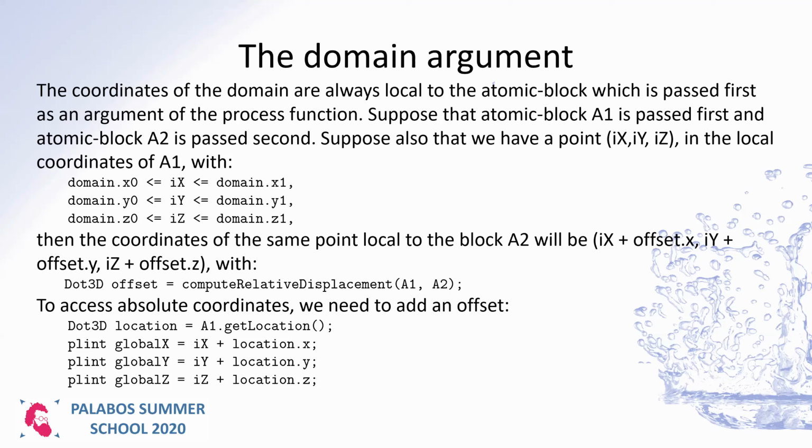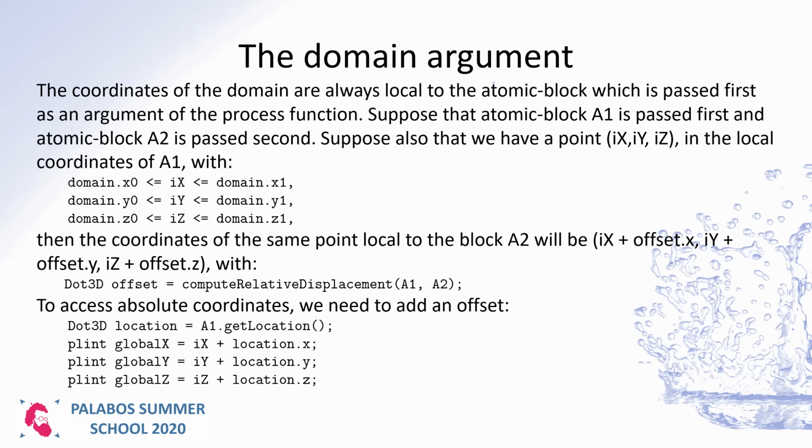For example, imagine that you are implementing a force field, a great gravitational force over your domain, and then there is a gradient in this force somewhere. Then you need to know at which height you are to apply the proper value within your gradient.